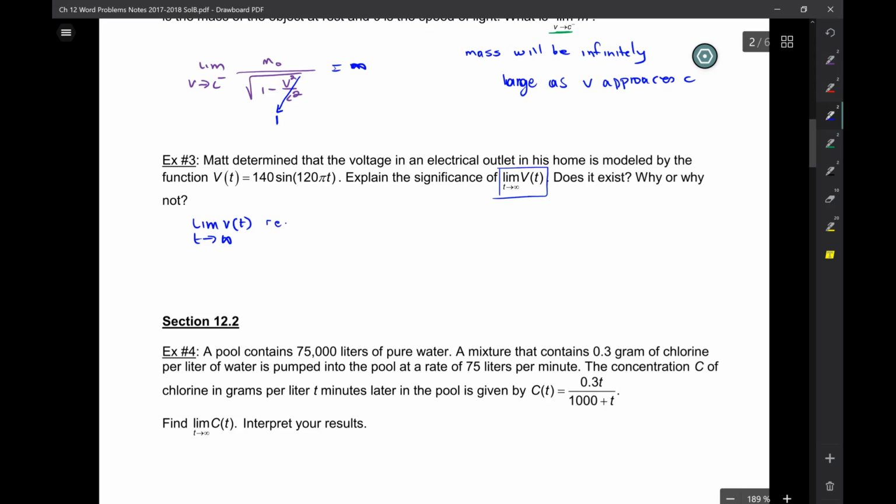So this represents the voltage in the electrical outlet after a long period of time.